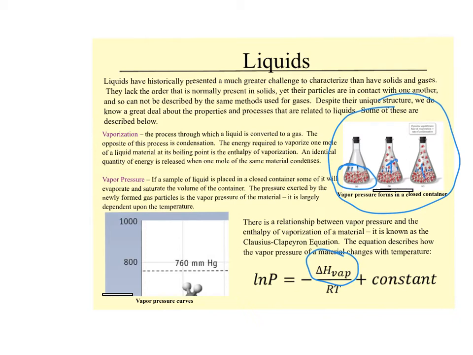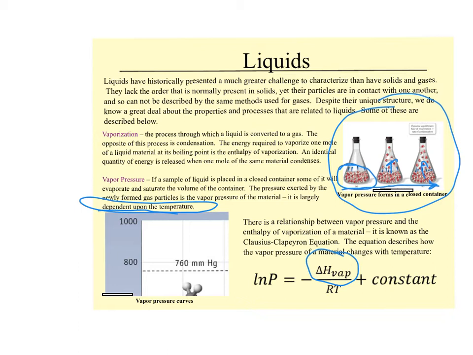If you looked at this diagram, you would say this has to be an increase in energy, and you'd be right. As you heat them up, more of these are getting into the gaseous state, and you're increasing the vapor pressure, the pressure of the molecules of the liquid escaping out of the liquid. This last statement is important: it's largely dependent on temperature.